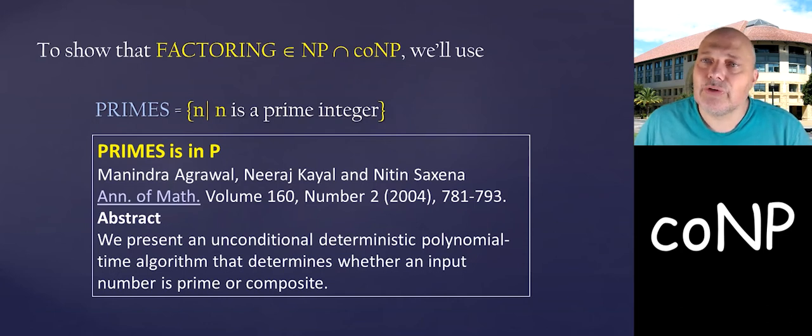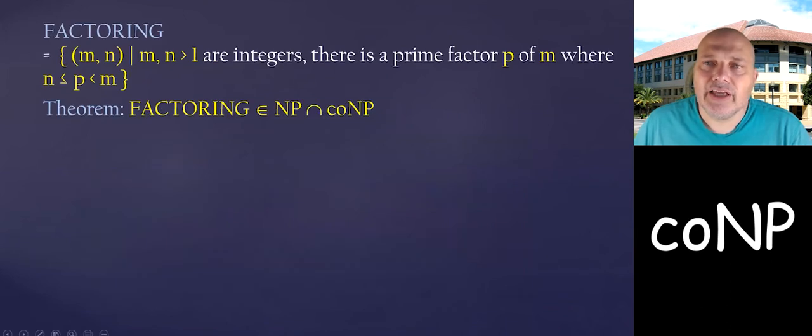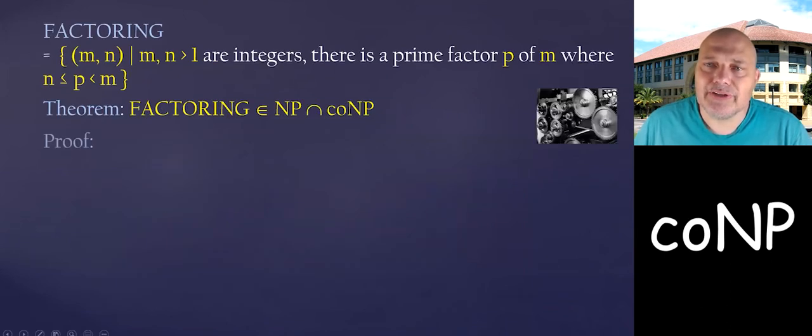So using that, we're going to show that factoring is in NP intersect co-NP, a fact that, as I said, was known way before we knew that primes are in P. So factoring is in NP intersect co-NP.